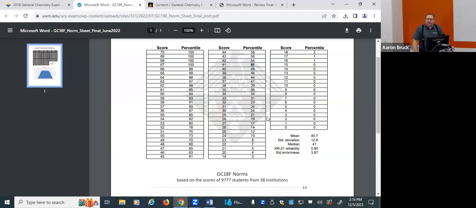So I can't tell you exactly what it's going to look like, but generally speaking, we have used the median to reflect somewhere in the B range what a B looks like. So maybe it's 82%, and that's what we set it at. Maybe it's 85%. We set it there.